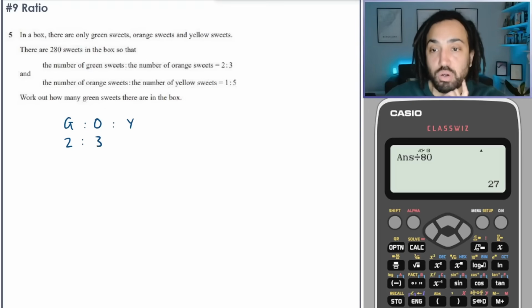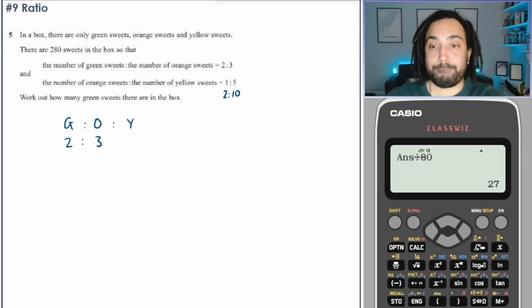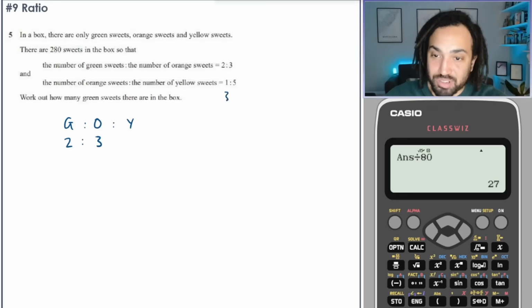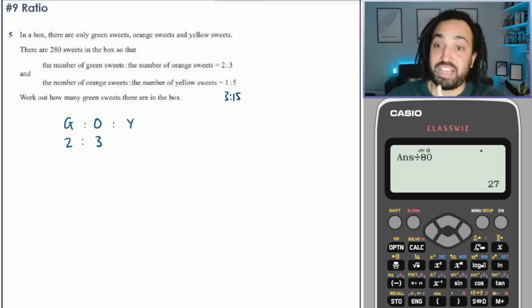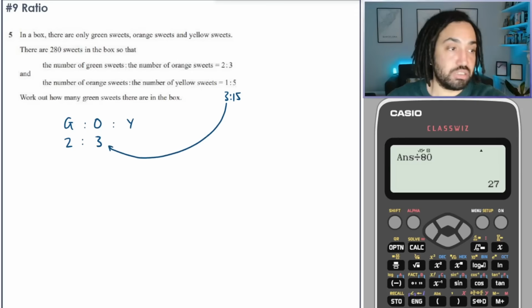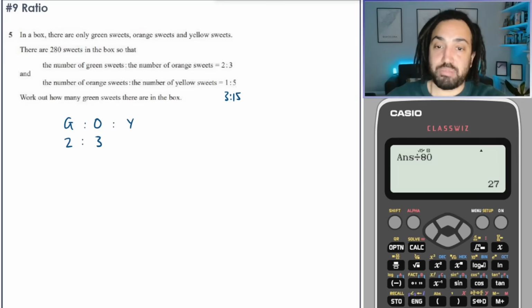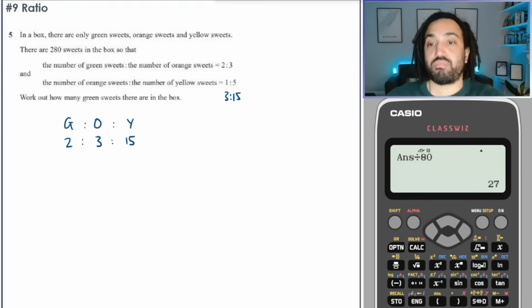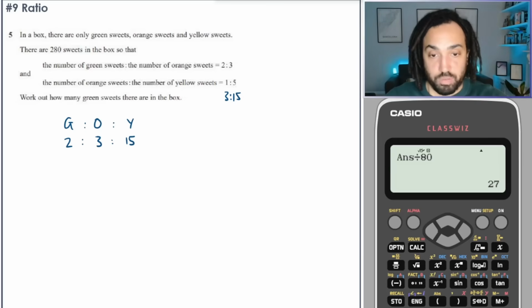And orange to yellow is 1 to 5, which is also the same as 2 to 10. That's not helpful. It's also the same as 3 to 15. Now that is helpful because I want the oranges to line up with these oranges, and they have done. So that means I can say that the yellow is 15. That works perfectly. So now we've got a ratio that combines all of the colours.